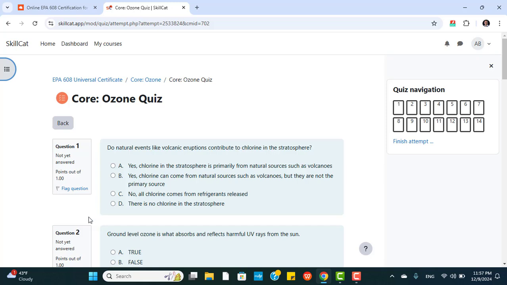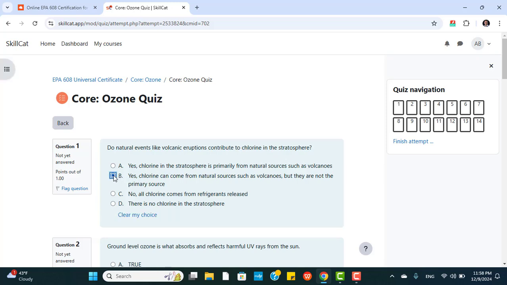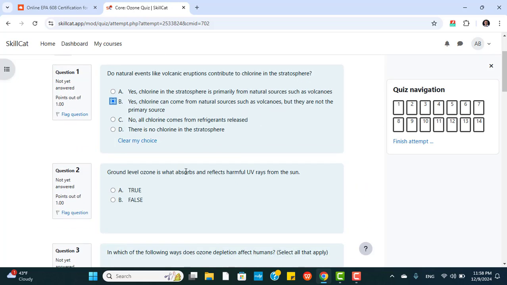Do natural events like volcanic eruption contribute chlorine to the stratosphere? Yes. Chlorine can come from natural sources such as volcanoes, but they are not the primary source. Ground level ozone is what absorbs and reflects harmful UV rays from the sun.